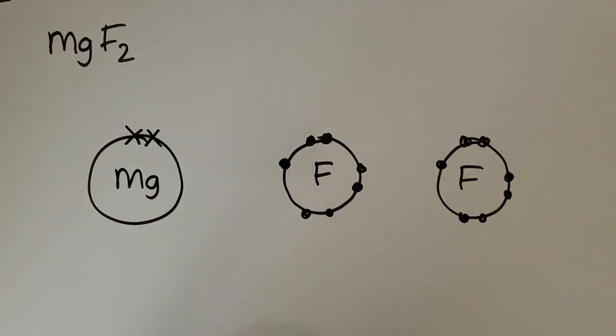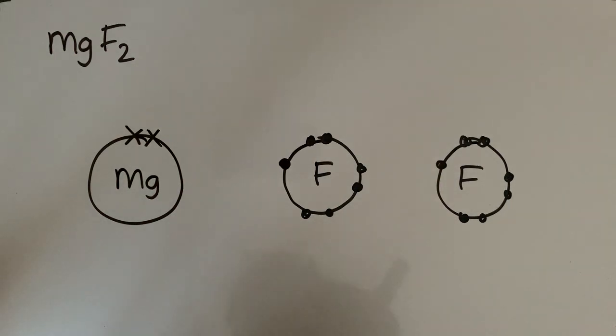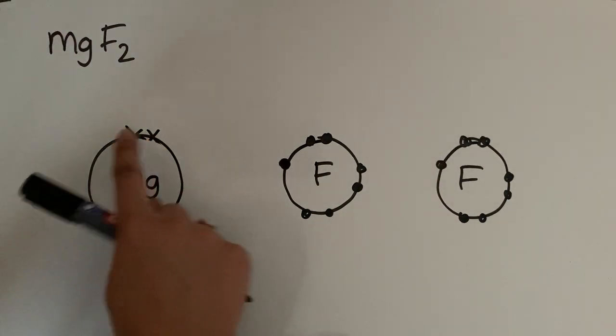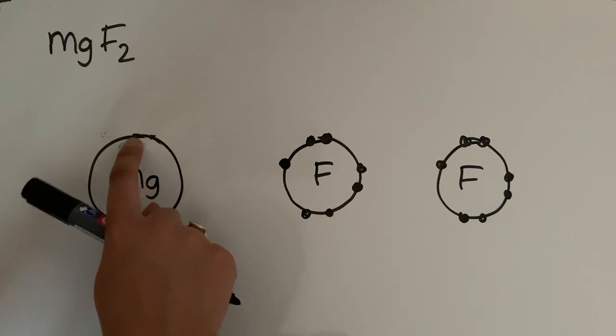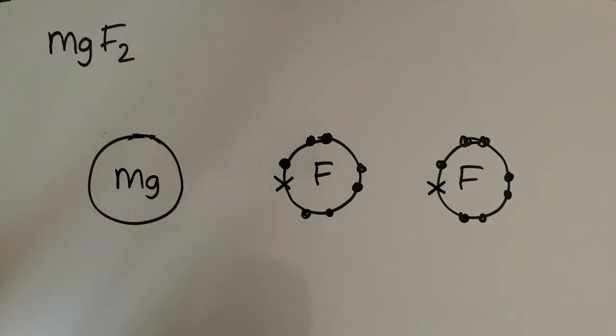Again, when our atoms want to form ions, they want to have a full outer shell of electrons. The easiest way for magnesium to do that is by losing these 2 electrons. Each fluorine is going to want to gain an electron. So we lose electrons here and have an empty shell over here. This one's going to gain 1, and this one's going to gain another.